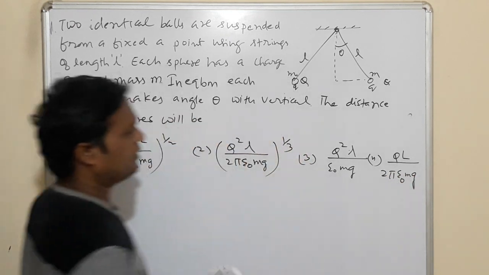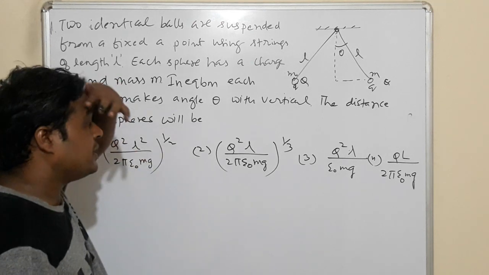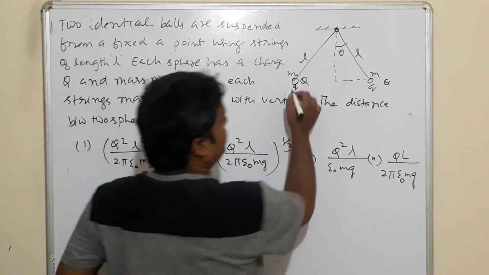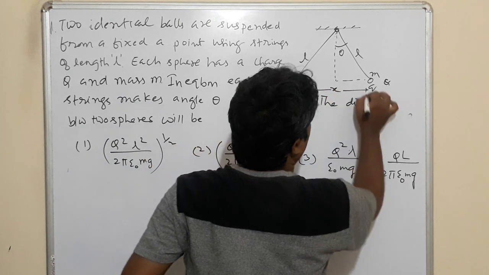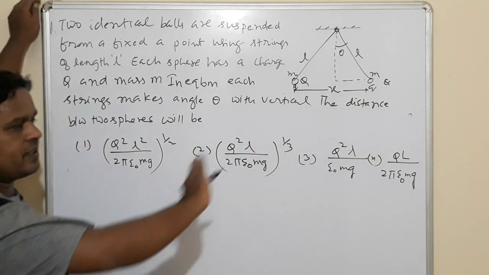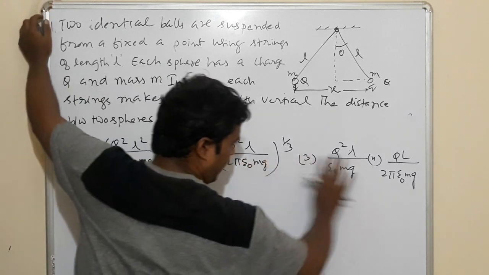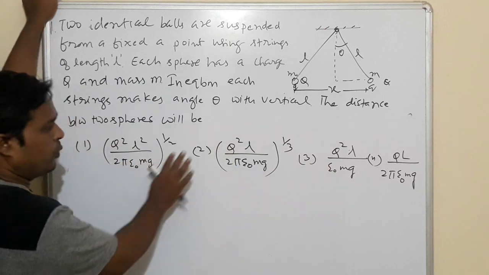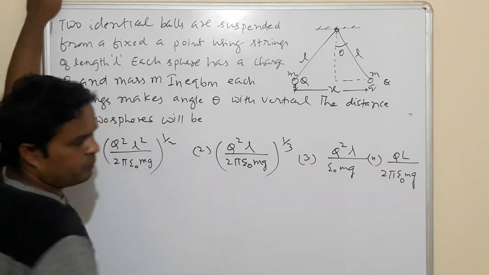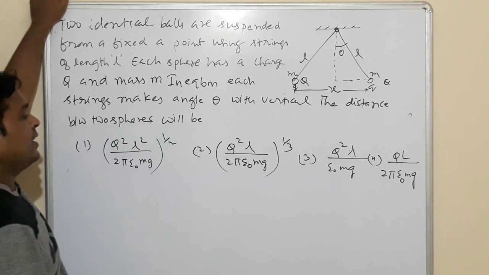What we have to find? In equilibrium, we have to find the distance between these two charges. How to calculate it? In the options you observe, it is calculated by taking Coulomb's law into account, 1 by 4 pi epsilon naught q square by r square.